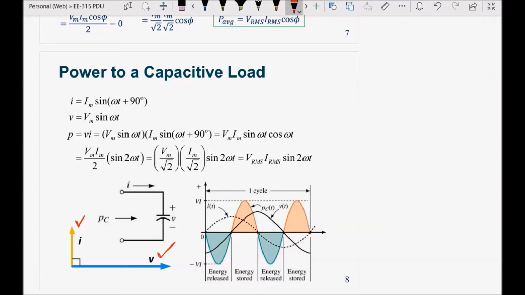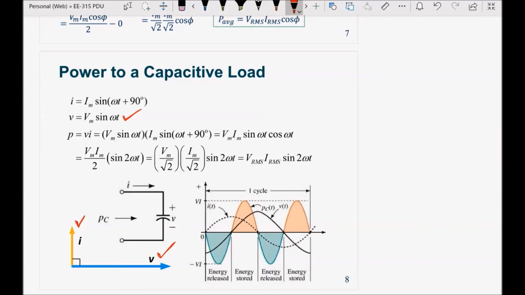Okay, the AC voltage again can be denoted as Vm sin omega t, and when the current flows in the circuit, you know that the capacitor charges and discharges at the same time.